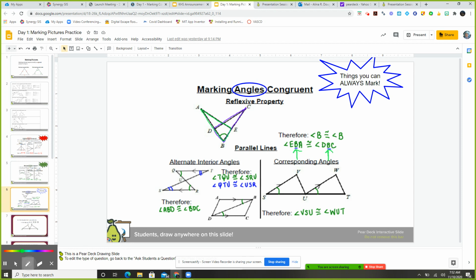Okay. Alternate interior angles. This is possibly the one that makes the least amount of sense to most people. But if you highlight the parallel line and you highlight the transversal and then you highlight the parallel line, what letter does that make? A, B, C, D, E, F, G, H, I. Do I have to say the whole alphabet? It looks like a Z. So the corners of the Z are going to be congruent. Okay.